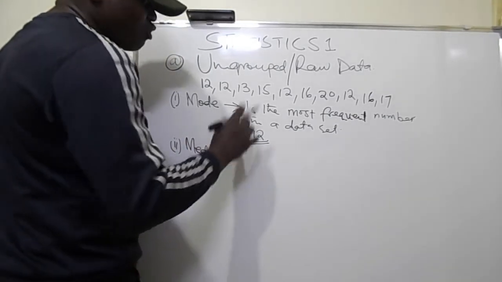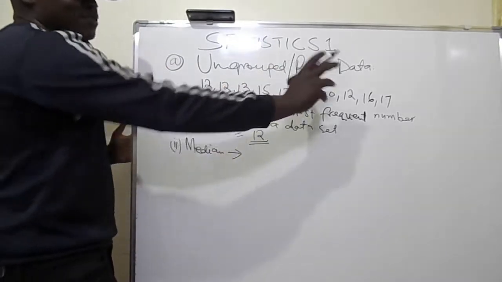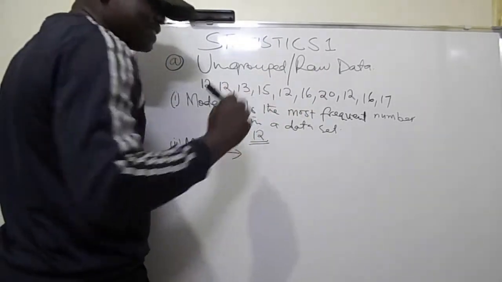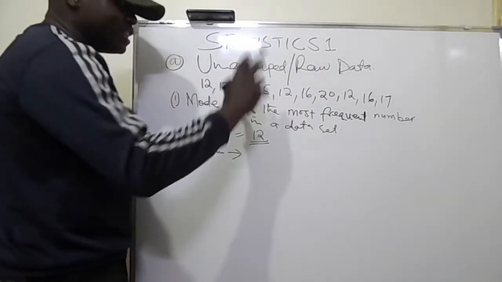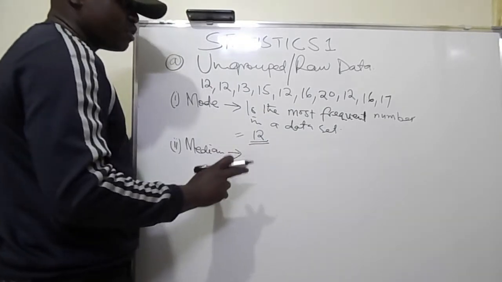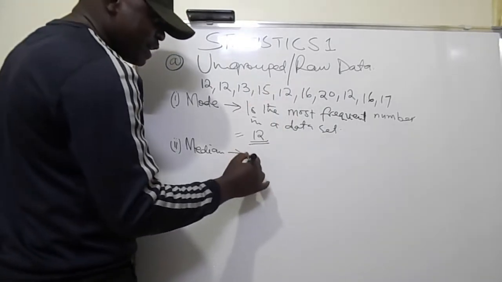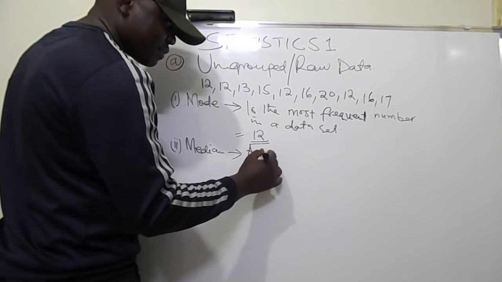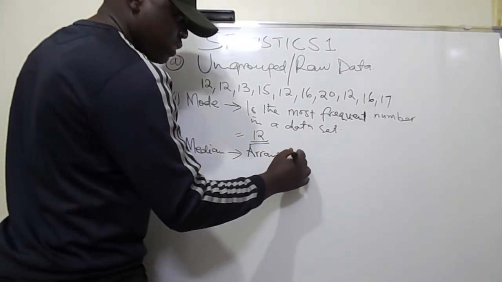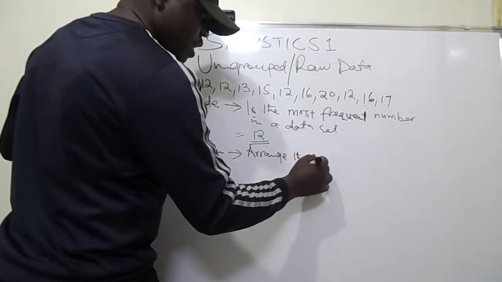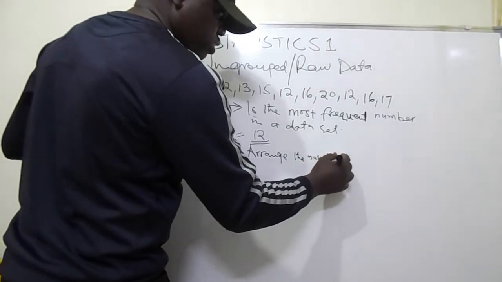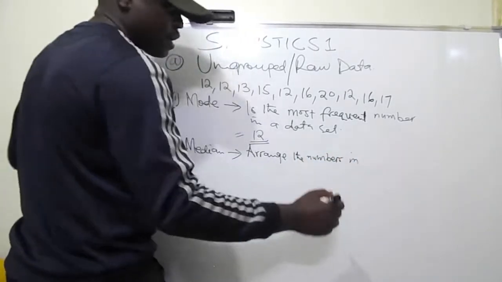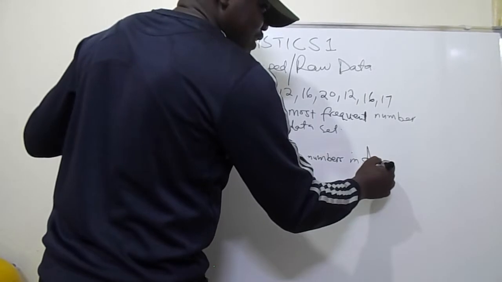How do you calculate the median in a set of data like this? The first thing that should come into your mind when calculating the median in a data set is to first arrange the numbers in ascending order.